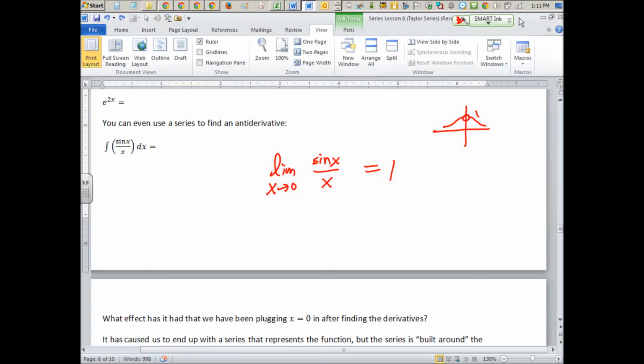You see, sine x is really just replaceable with this: x minus x cubed over 3 factorial plus x to the 5th over 5 factorial, minus x to the 7th over 7 factorial, etc. What happens when you divide this by x?